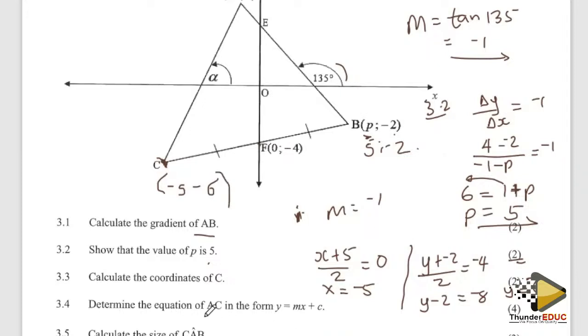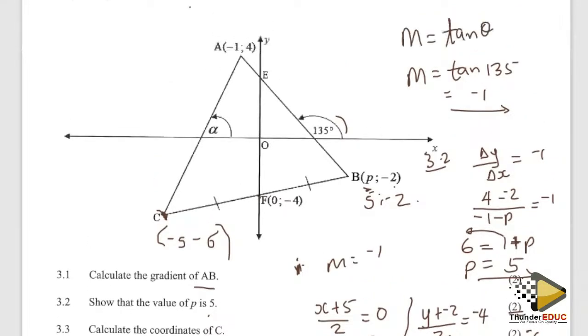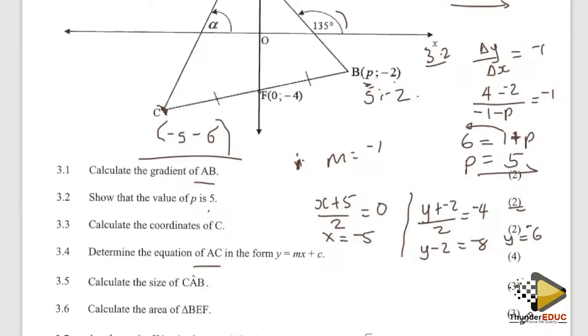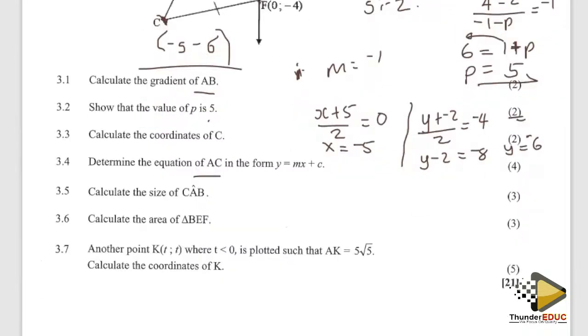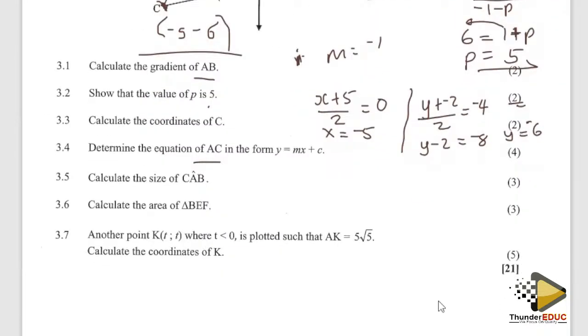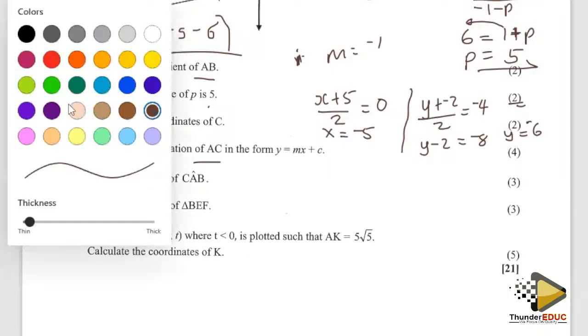Then they want us to get the equation of the line AC. So we have the coordinates of A, we have the coordinates of C. What we need is the gradient and then the y-intercept. So what we're going to start with is getting the gradient. Let me just try to use a different color.